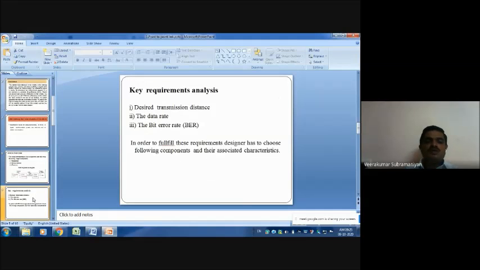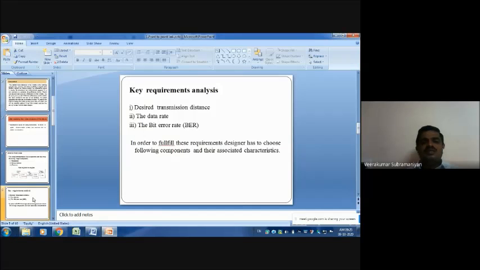If I want to design a point-to-point link, what are the key requirements? First is the desired transmission distance: how much distance I want to transmit this light signal. According to that, I have to select the length of the fiber optic cable, and the requirement of additional subcomponents like connectors, splices, and so on.